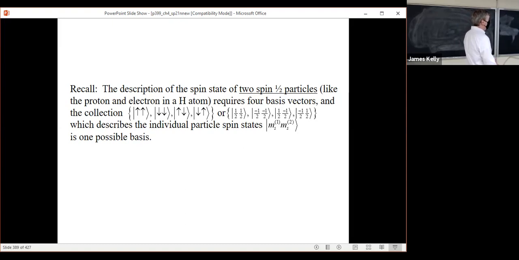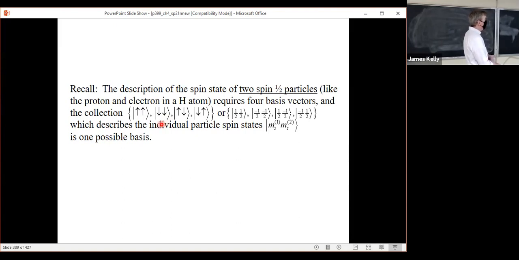There's nothing we can do to change that, but their SZ state, this first arrow indicates SZ of particle 1, maybe that's the proton, and this indicates the SZ state, either M sub S equals plus 1/2 for spin up or minus 1/2 for spin down. And those correspond to angular momentum Z components of plus or minus h bar over 2.